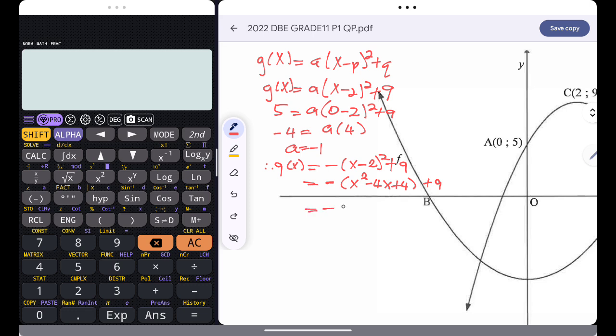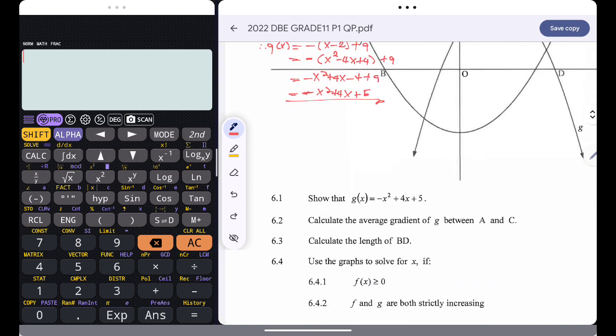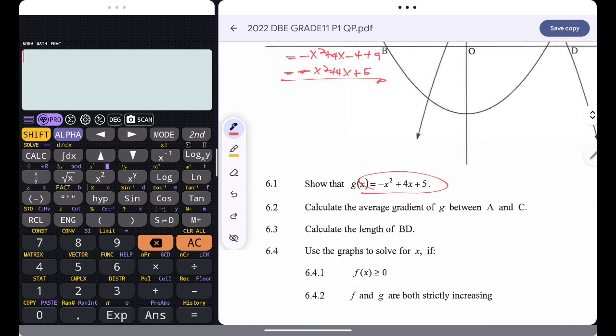This will be equal to negative x squared plus 4x minus 4 plus 9, which gives negative x squared plus 4x plus 5. So now I've shown that g of x can be written like that.